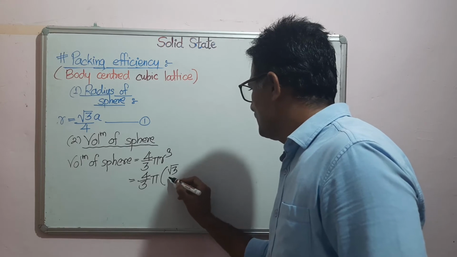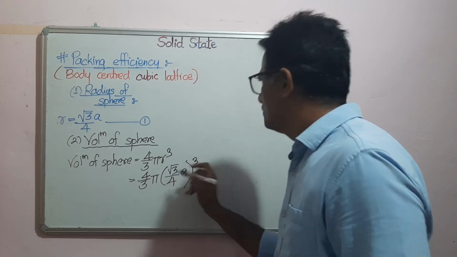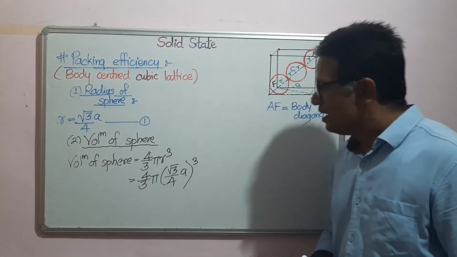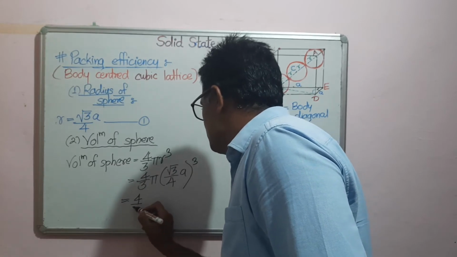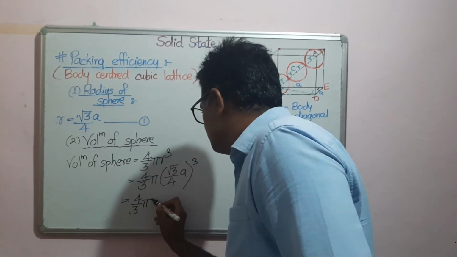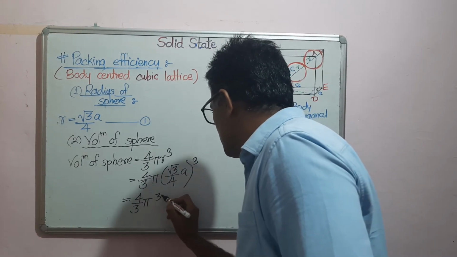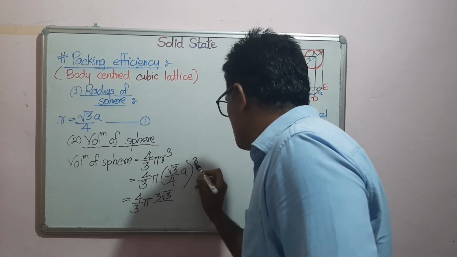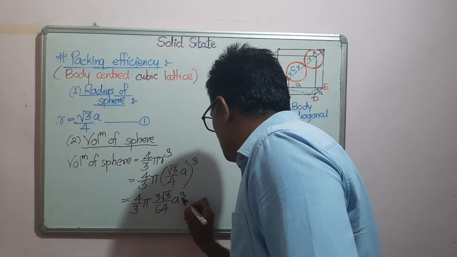Root 3 upon 4 a, cubed. So put the value of r here in 4 by 3 pi r cube. This calculation comes out to be 4 by 3 pi, now root 3 cube becomes 3 root 3, upon 4 cube, 64, into a cube.